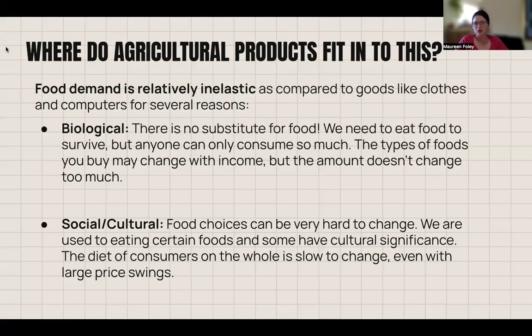Food demand could be more elastic in the long term, if people continue to want to eat healthier, say, or shift more to eating at home versus eating out. There can be some elasticity in the long term, but in the short term, we talk about food demand as being relatively inelastic. All right, so that is the first intro to demand elasticity.